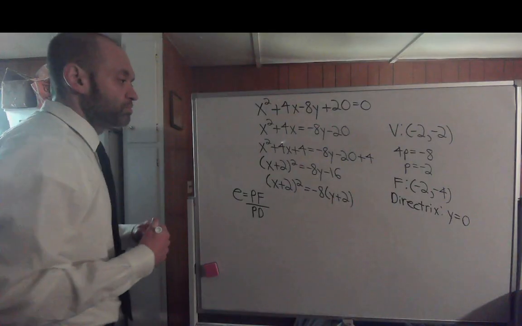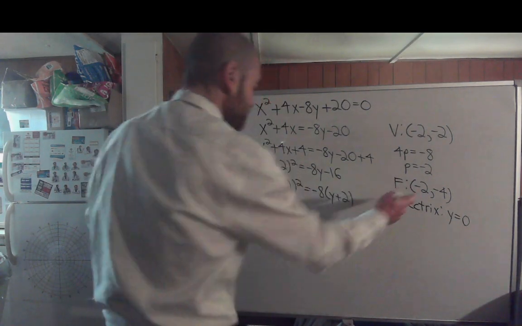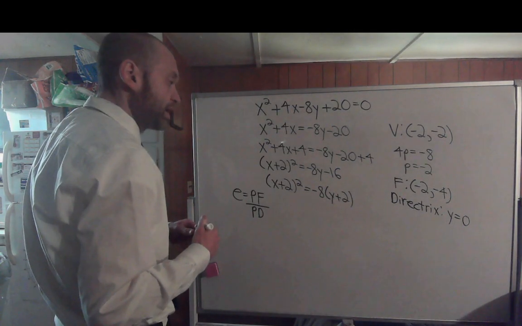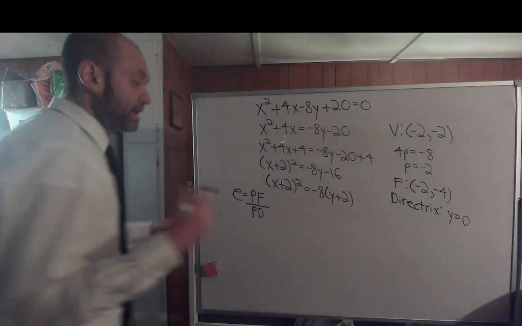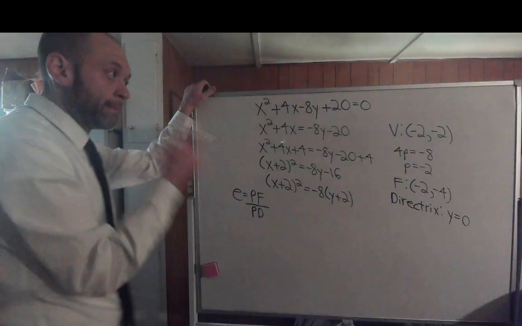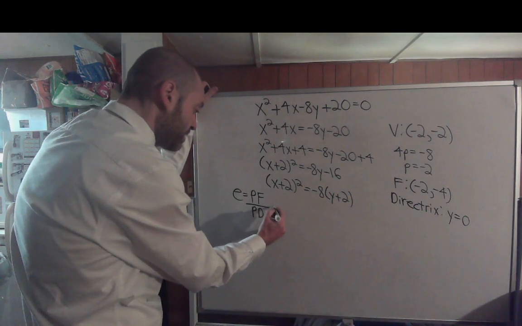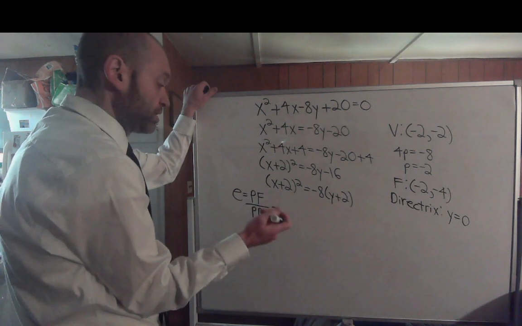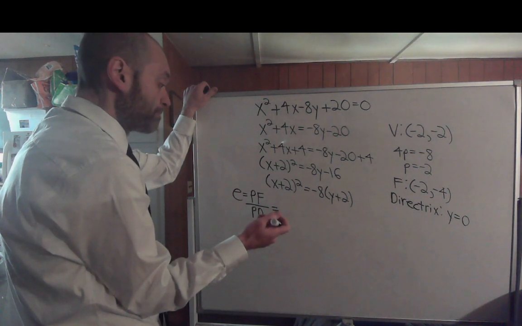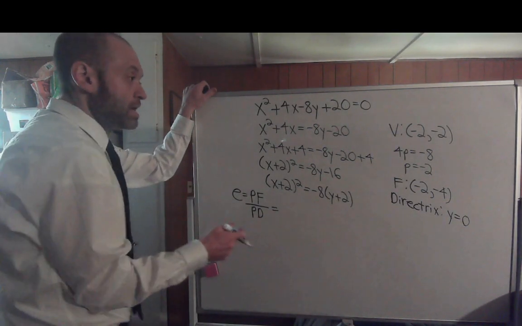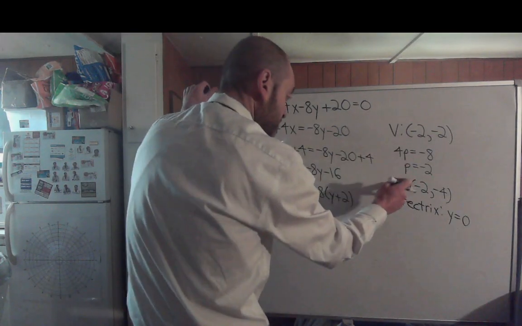Okay, so that would just give us the focus. I'm trying to pick another point. Heck, we can pick any point. Why don't we pick the vertex? The vertex is on the parabola.